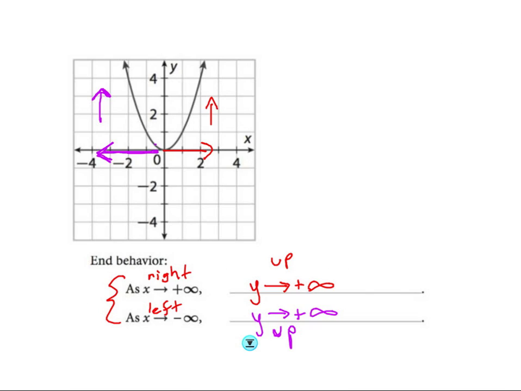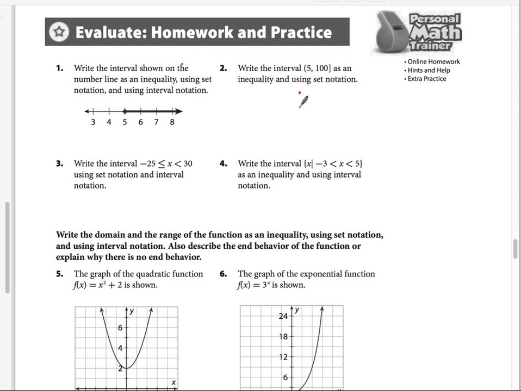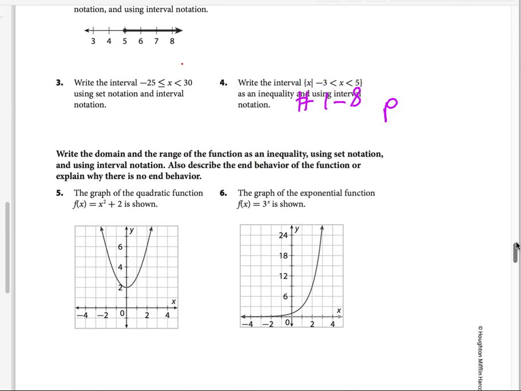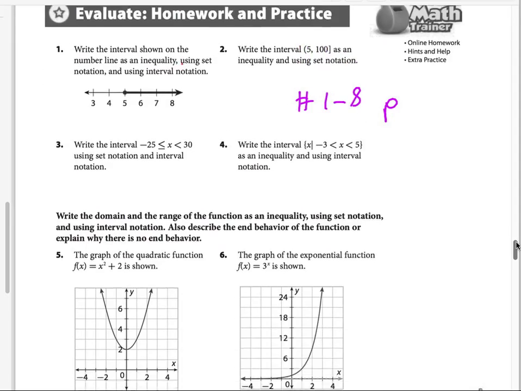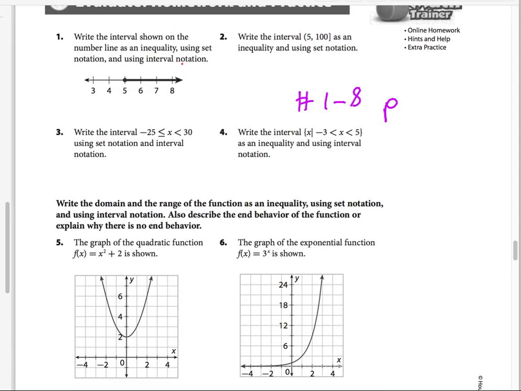Numbers 1 through 8 on page 12. So now you should have enough knowledge to answer questions 1 through 8 on page 12. Alright, thank you for watching.